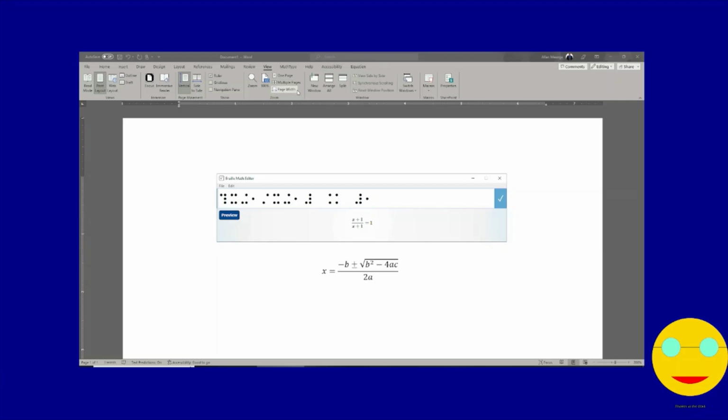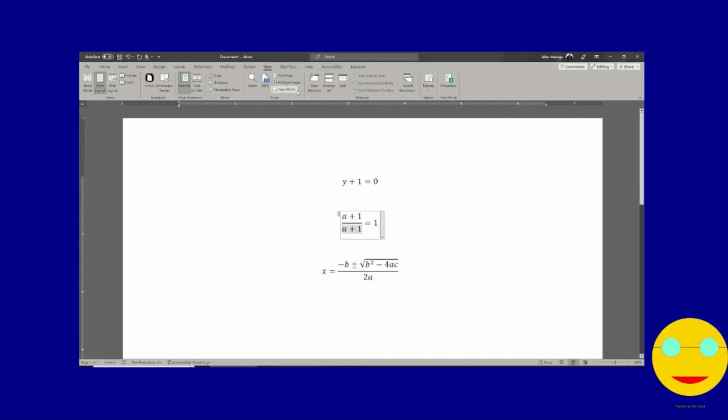Dots 1 3 4 6 A. Then, press enter. Math content fraction a plus 1 over a plus 1 equals 1. Okay, as you can see, our variable x is now changed into letter A.